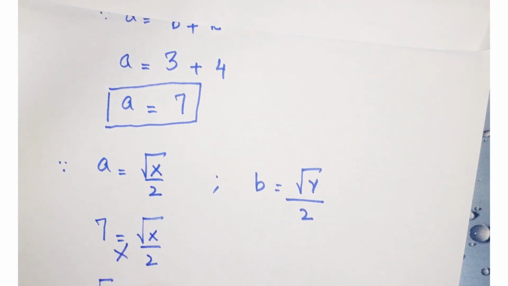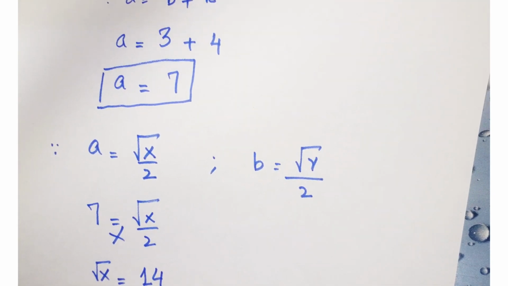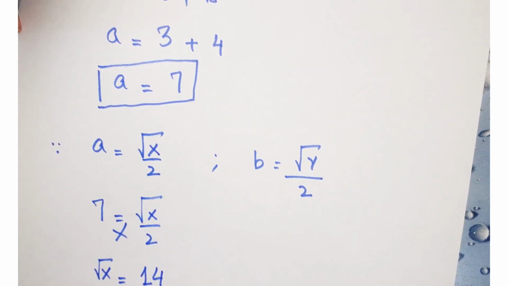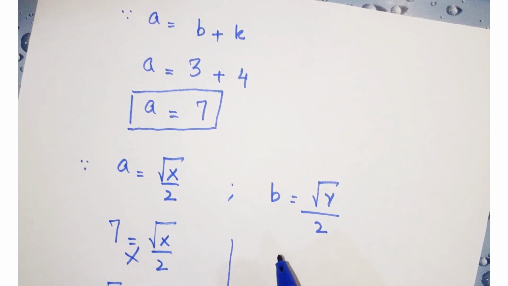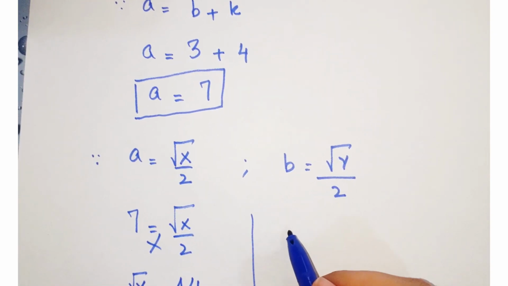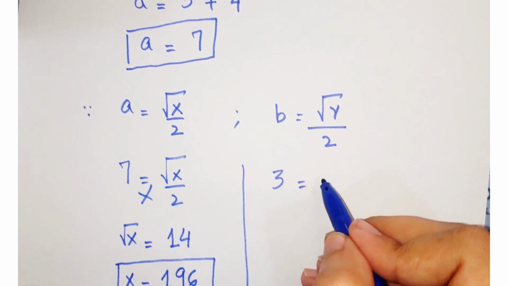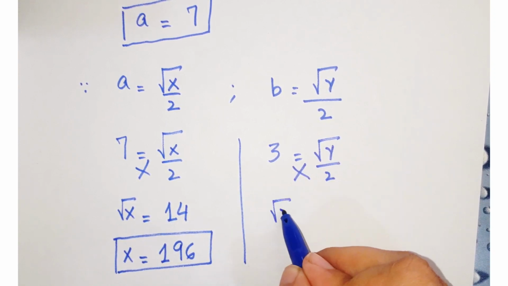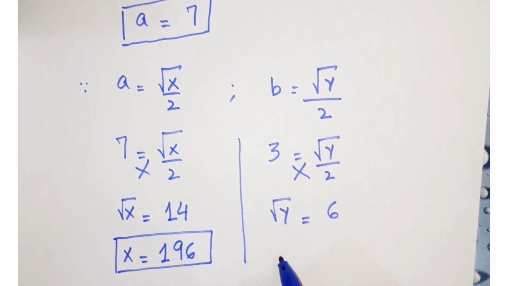So you get here under root x is equal to 14, or you can say x is equal to 196. And here you just put the value of b, this is 3 is equal to under root y upon 2. Now we are going to cross multiply, so under root y is equal to 6, or you can say y is equal to 36.